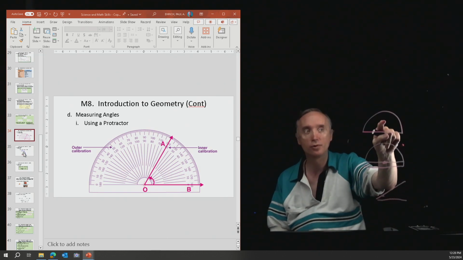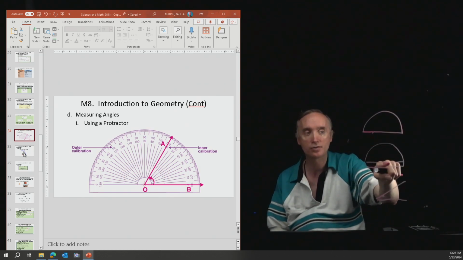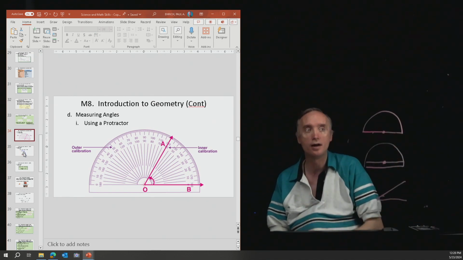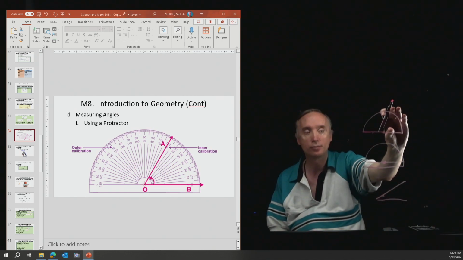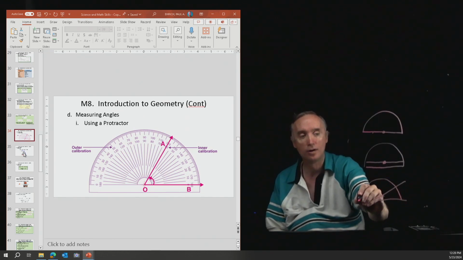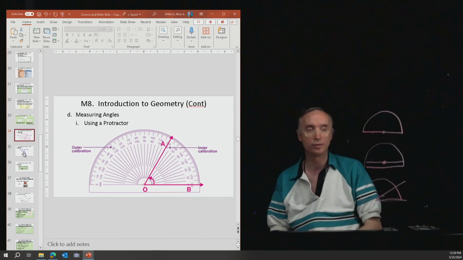Now, if you've got a protractor like this up here that doesn't have this extra line, then you really are supposed to do that. This one will have a dot right there, and you'll place it so that this dot is right there, and then you have no problems.